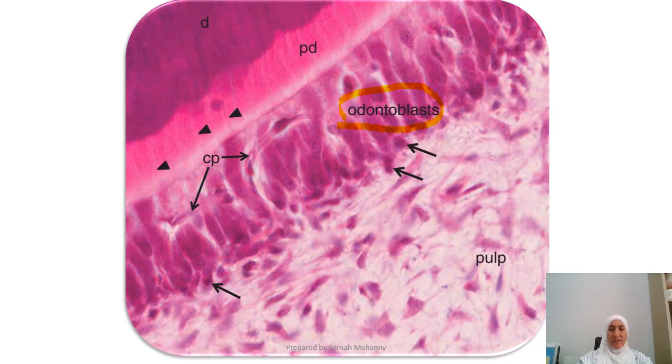And as we see here, some of the blood capillaries extend into the odontoblast layer but never extend into the dentin, never ever. And as we see here, the subodontoblastic cell layer, or daughter cells, can form reparative dentin in case of odontoblastic cell death.